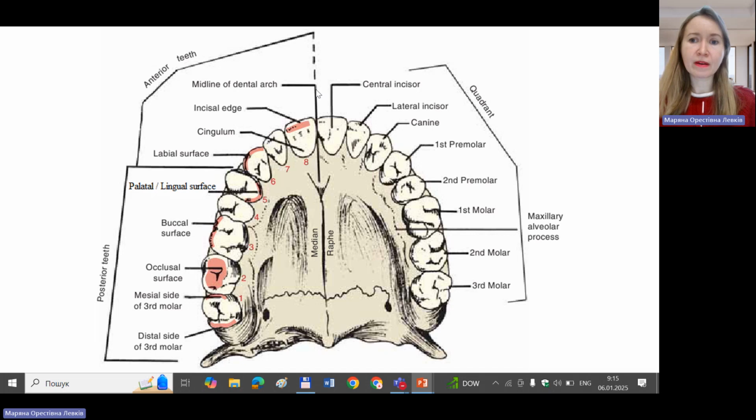This can be figured out by drawing an imaginary line between the central incisors. The surface that is close to the imaginary midline will be mesial. The surface that is far from the imaginary line would be distal.